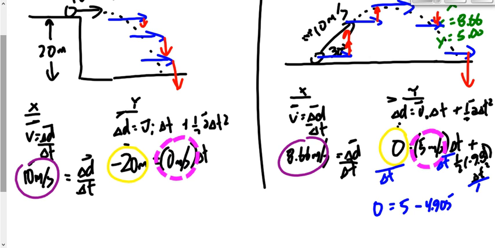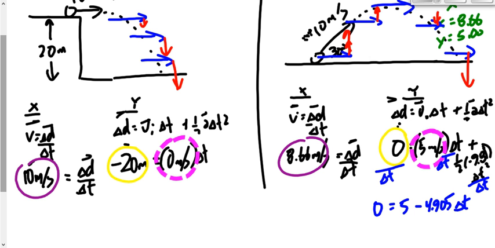What's t squared divided by t? X squared divided by x. T, yeah, it's t. Good. Make sense? T squared divided by t is t.